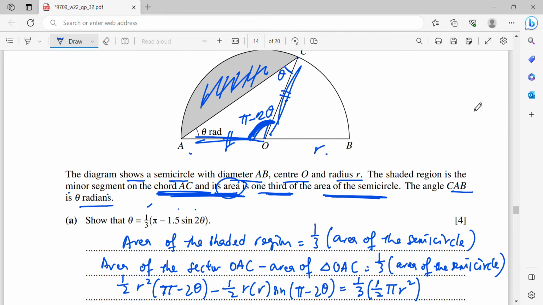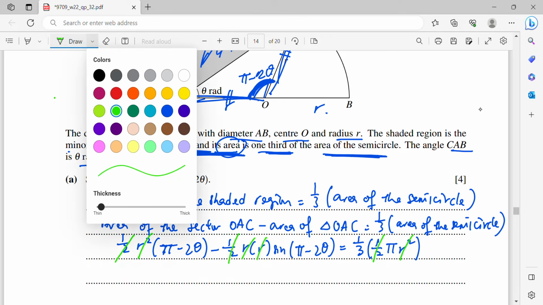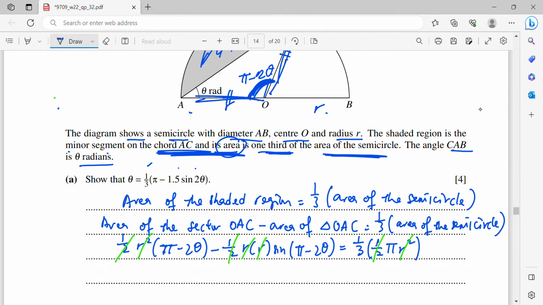Right, so from here we need to simplify. You can cancel off all the half. That is our first step. Then cancel off the r squared. So now you may rewrite pi minus 2 theta minus sine of pi minus 2 theta.